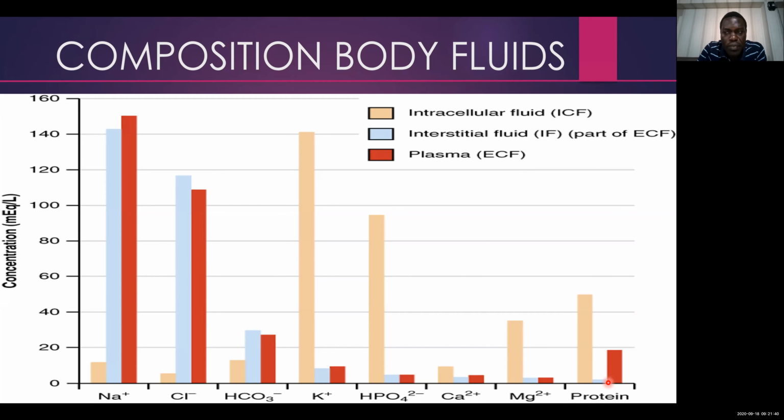Okay, I'll repeat. So I'm saying, what I want you to get from this slide is that interstitial fluid and plasma are almost similar in terms of their contents, in terms of their composition. For most of the things, if you look at sodium, they're almost similar. Chloride, they're almost similar. Bicarbonate, potassium, phosphate, calcium, magnesium.